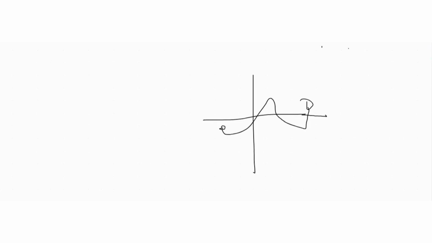Okay, I'll tell you. So the graph is like this, right? Can you tell me the points where it is intersecting, the y-intercept and x-intercepts? The y-intercept is 3.